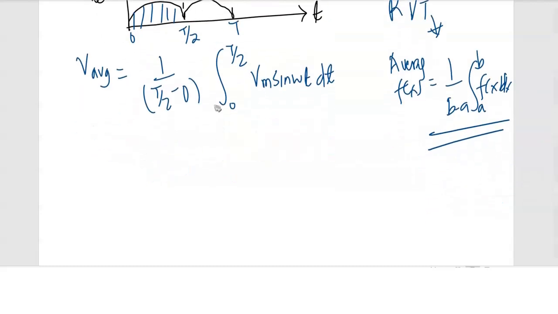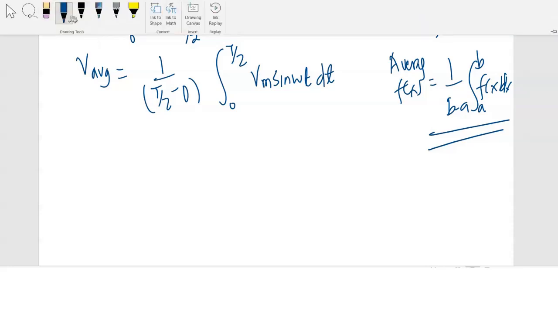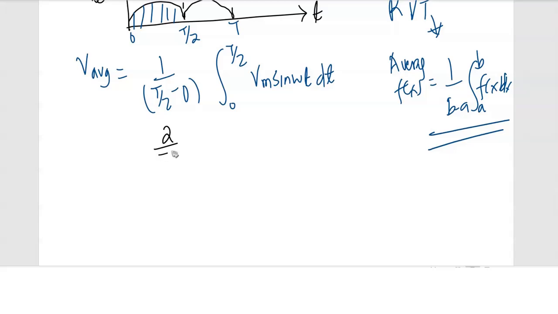Now, if we proceed with this using Vm sine omega t, this is going to be 2 over T integrating from 0 to T/2 of Vm sine omega t.